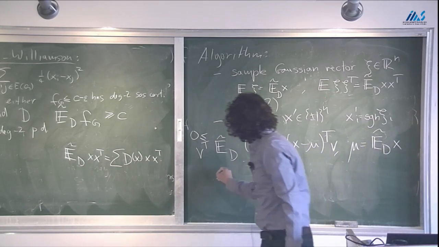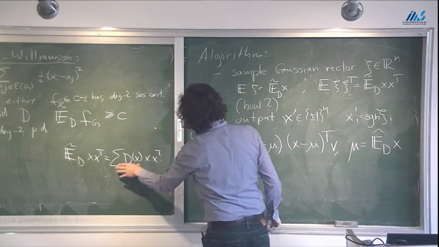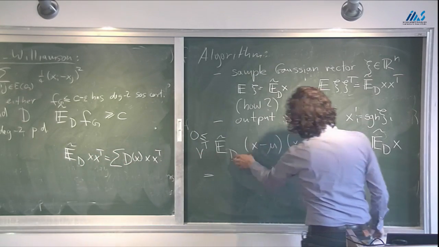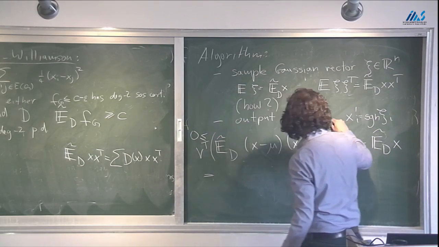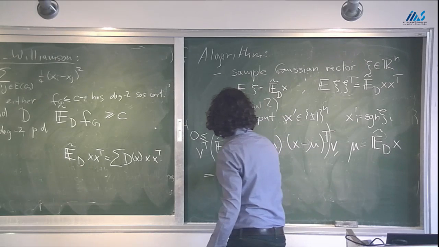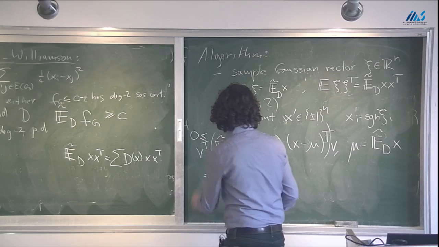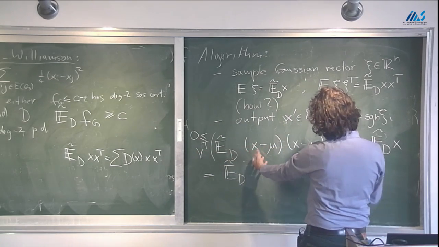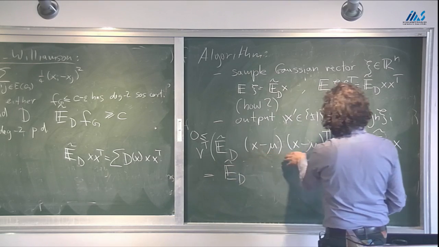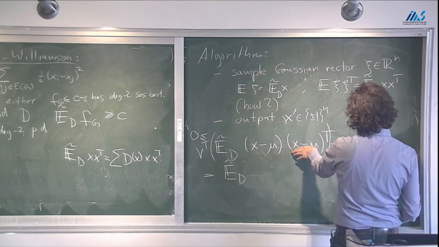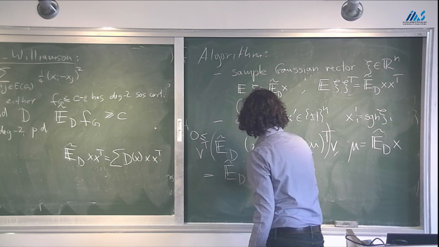This is just linear, so you can move the v transpose inside, and by linearity, move v inside as well. Then it's v transpose times this guy, and x minus mu transpose times v.